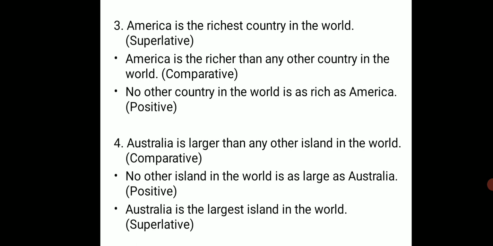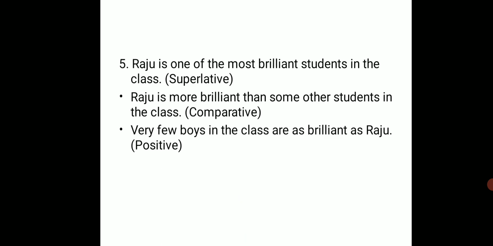So this case arises when there are 2 persons, countries, places, objects appear in positive degree. Okay. To make it superlative is very easy. Australia is the largest, the and st, large, larger, largest. Australia is the largest island in the world.